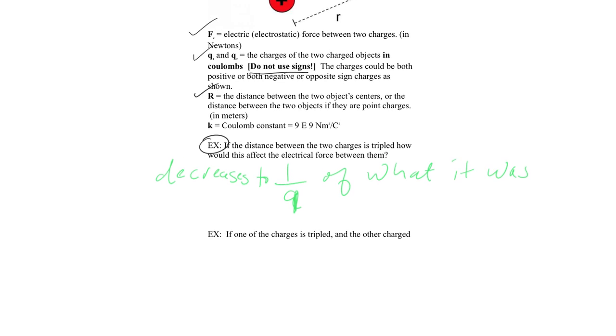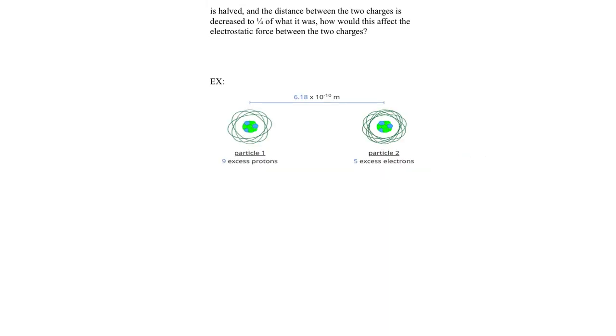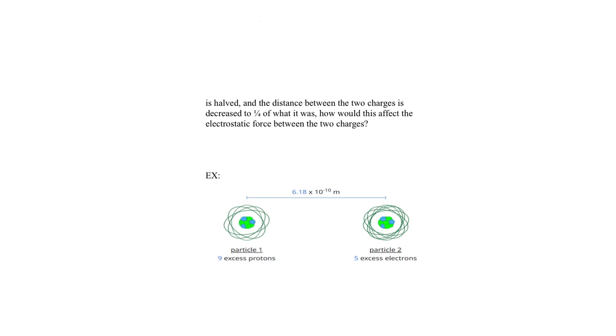If one of the charges tripled and the other charge is halved, and the distance between the two charges decreases to 1/4, what does that do to the force between the two charges?